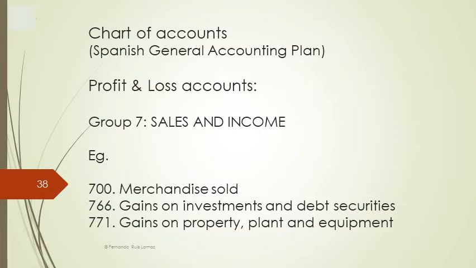The account 766, gains on investments and debt securities, gains generated on the disposal of debt securities and equity instruments when the cash inflow of the disposal is higher than the carrying amount of the item disposed of, or the account 771, gains on property, plant, and equipment, similar to the previous one, and when the asset disposed of is a tangible, non-current asset the company has been used in its production process.